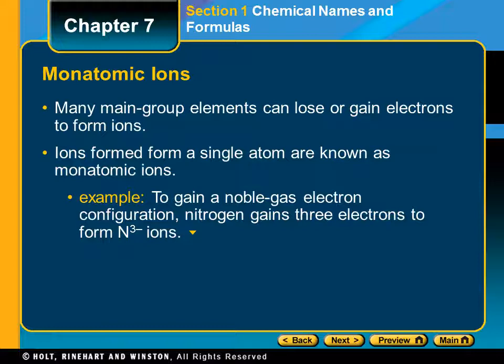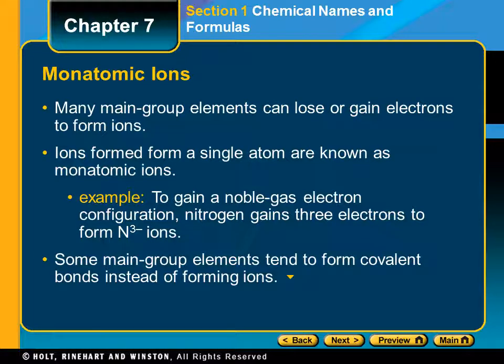The charge on the nitrogen is -3. It's gained 3 electrons. And then we have main group elements that form covalent bonds instead of forming ions. So carbon and silicon are going to be more apt to form covalent bonds than to actually form ions.